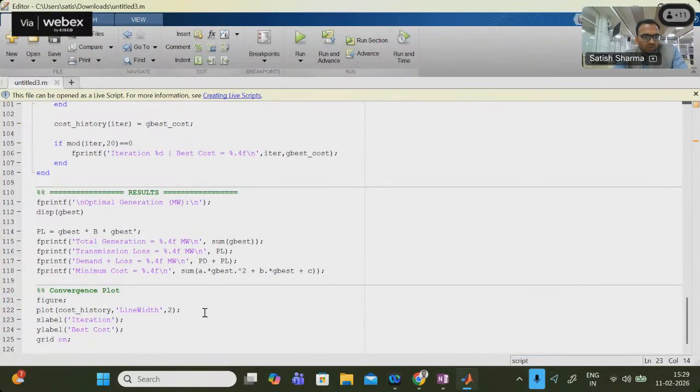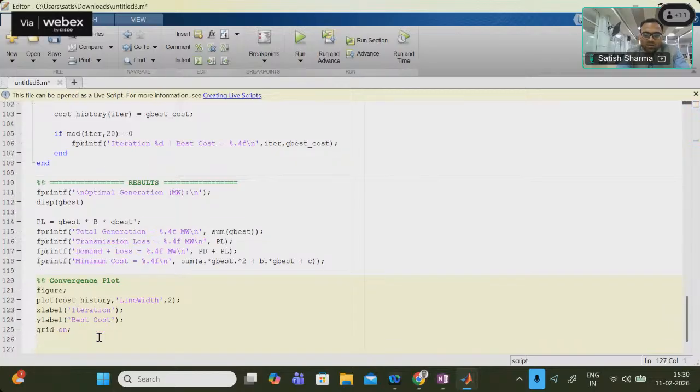Yeah, so plot cost history and these values, grid on, and let me plot.